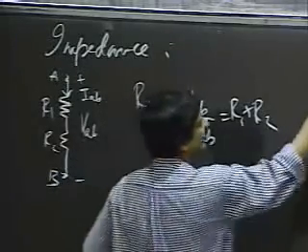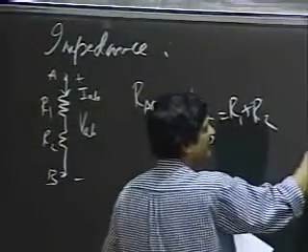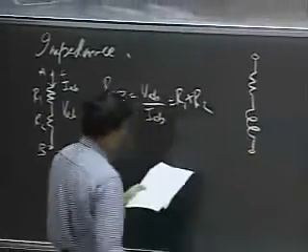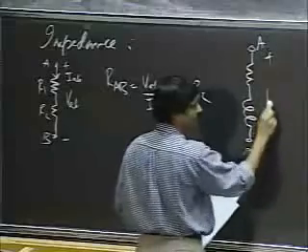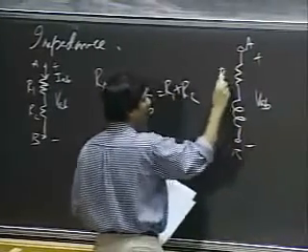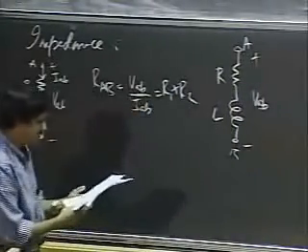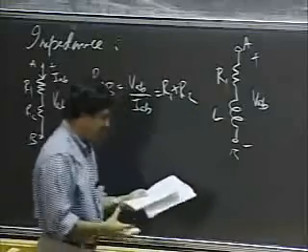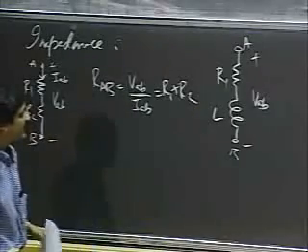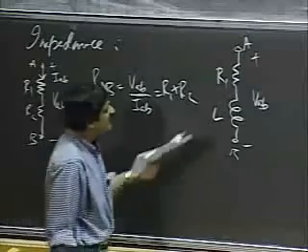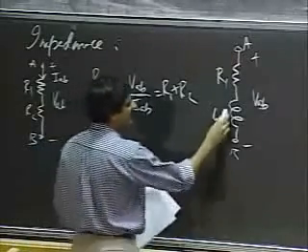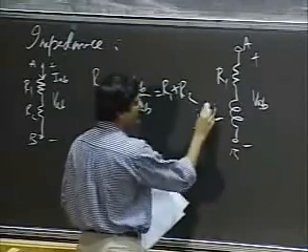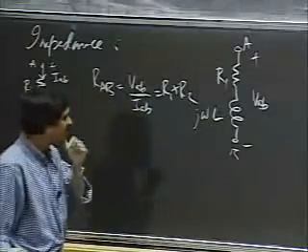The second thing I can try is a circuit of this form, A, B, and I have an R1 and an L in this case. In the impedance model, I can view the inductor as an impedance of value j omega L. Okay?